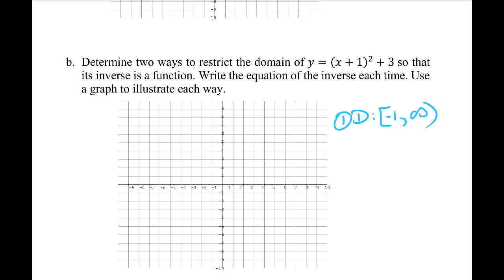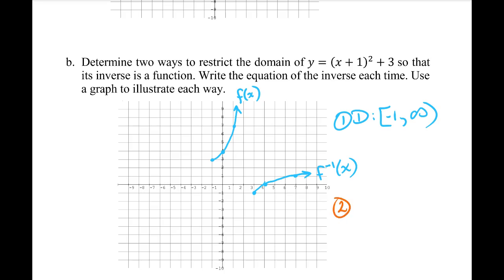And what that would look like would be the original function versus the inverse function, and now I can call it f to the power of -1 of x because it is actually a function.